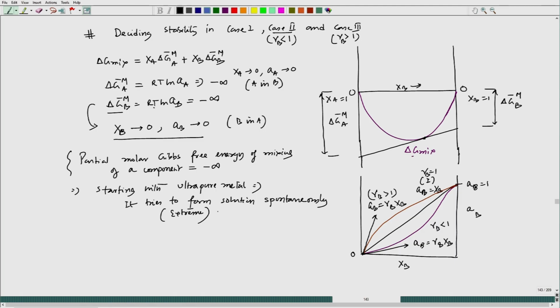Why? Because that solution formation free energy change is minus infinity, extremely negative. Okay. So, it will immediately capture B and form AB solution. Similarly, it applies when we start with ultra pure B.